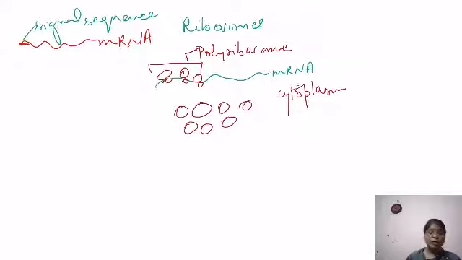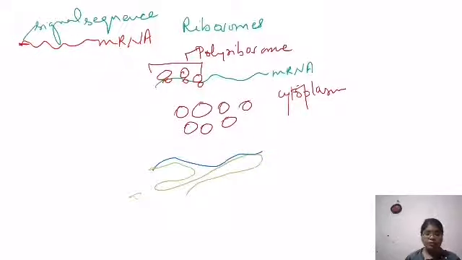Another messenger RNA comes, and it attaches itself to the membrane. Suppose this is the membrane, the endoplasmic reticulum.